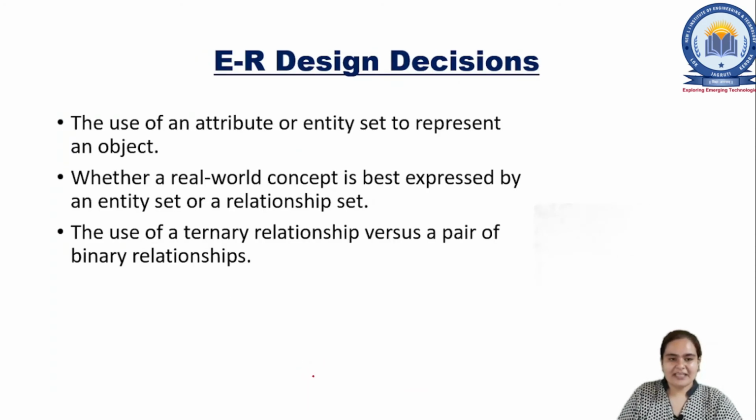Now there are some ER design decisions that have to be taken. The use of an attribute or an entity set to represent an object, and whether a real world concept is best expressed by an entity set or a relationship set. The use of a ternary relationship set versus a pair of binary relationship sets has to be taken into consideration while designing the ER diagram.